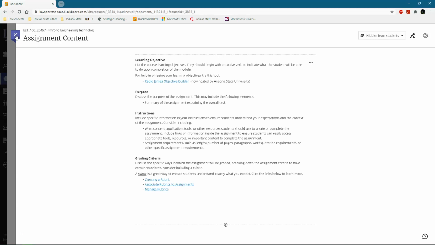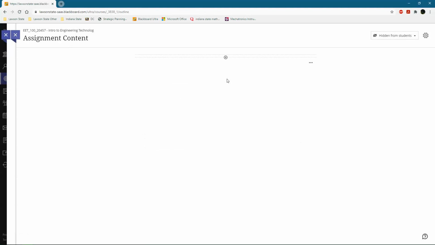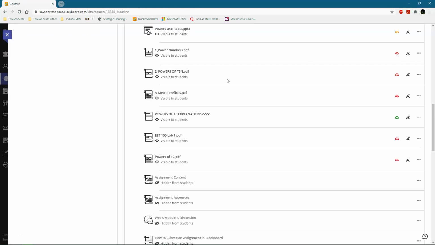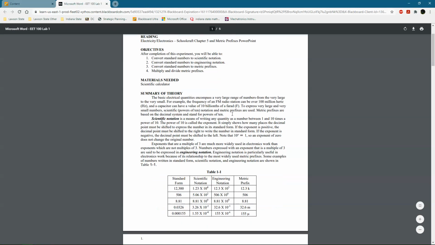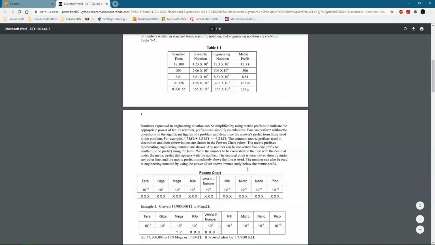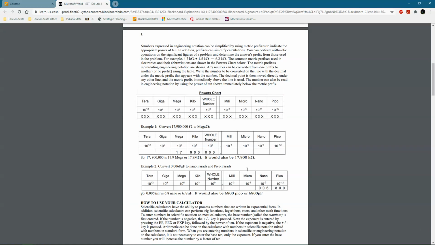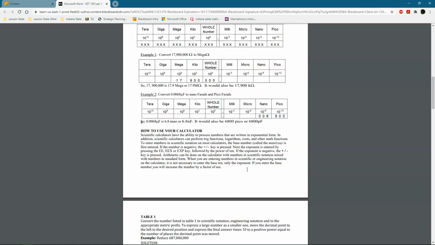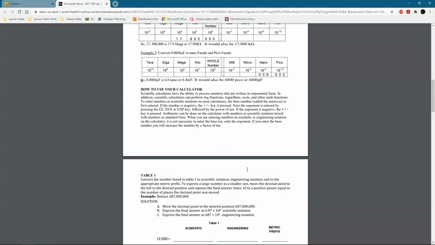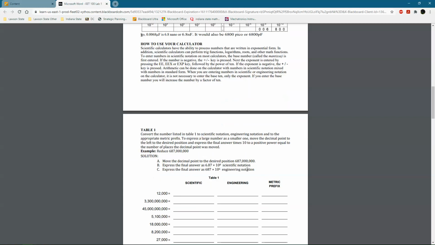There it is. Okay, so here's Lab 1, and this is something that you can kind of consider homework, so you might want to start working on it. And I'll have a way for y'all to turn it in soon.